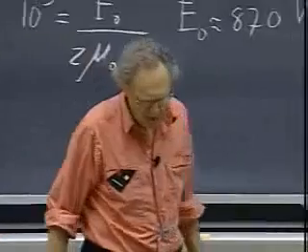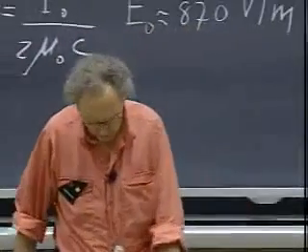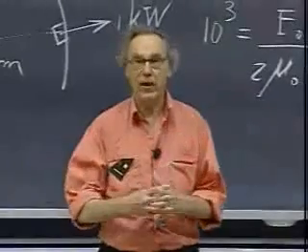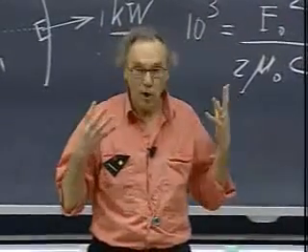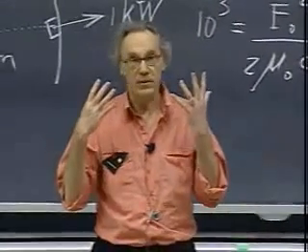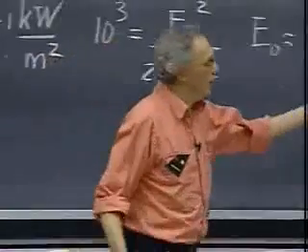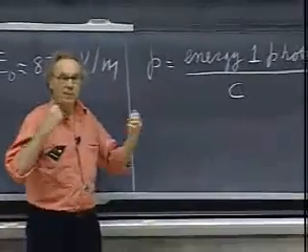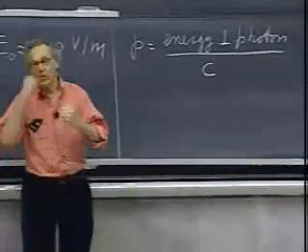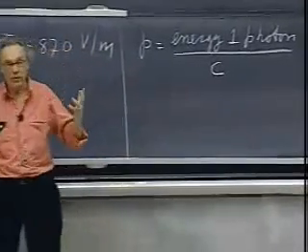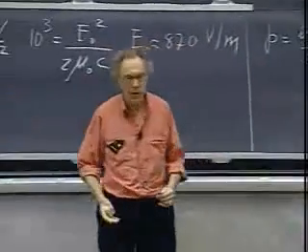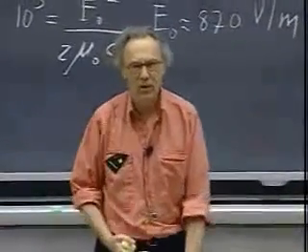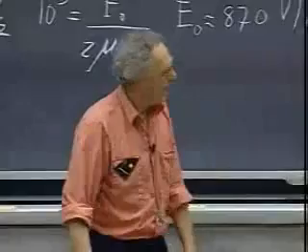And now if I shoot many photons at a target, and these photons are absorbed by that target, then the target will experience a force. Because if the photons carry momentum, photon, photon, photon, I feel a force. You remember from 801, a force is dp/dt, the transfer of momentum.